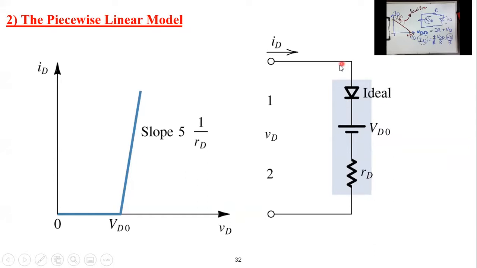So this will model the diode performance whenever the voltage drop on the diode is greater than the built-in potential. If the voltage drop on the diode is smaller than the built-in potential, then typically the current is equal to 0.